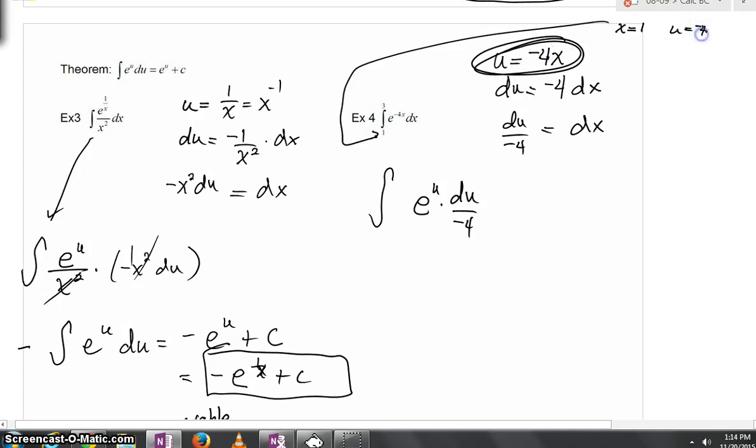So u would be negative 4 times 1. It would be negative 4. So this lower bound I'm going to write as negative 4. When x would equal 3, and that's on the upper bound right here, you'd say u would equal negative 4 times 3, and that would be negative 12. So then I'll have negative 12 up here.